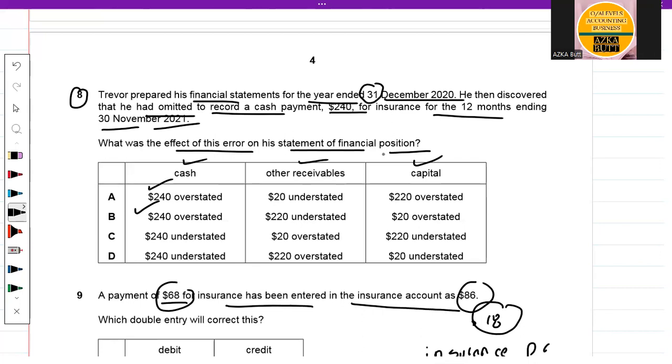Because this is prepaid insurance, it is understated by 220, because the payment was for the period ending 30 November 2021. So 220 means that only 10 months of the prepaid insurance relate to the next financial year. That's why it is understated by 220.